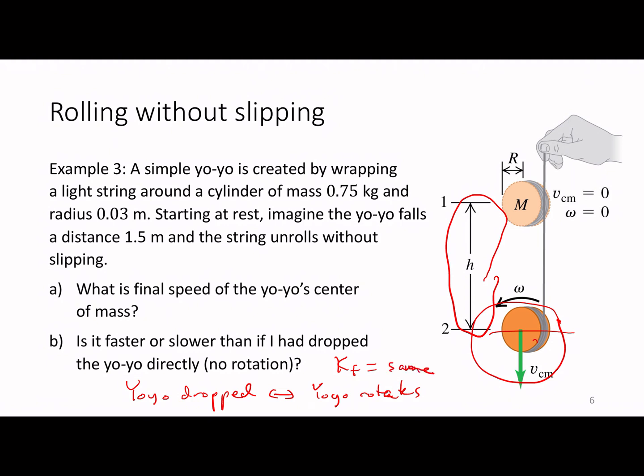It's just mgh. The trick is that in the case of the dropped yo-yo, all of that kinetic energy is translational. So all of it goes into moving downward. In the case where the yo-yo rotates, that kinetic energy is split between kinetic energy to help it go downward fast and kinetic energy to help it rotate. So less of the kinetic energy is going into translation. That means that it moves slower.